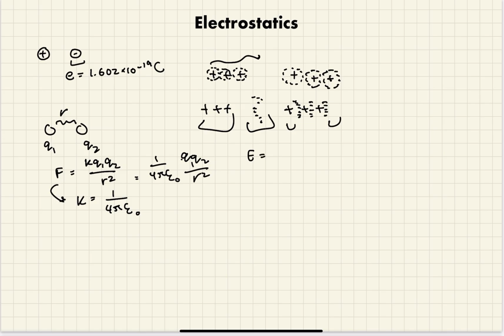So it's equal to just the force over the charge, and that basically means, let's say you have a point charge here, and if any other charge comes into its electric field, then there would be a force between them. What an electric field and force have differences between is that you don't need that other charge for there to be an electric field.